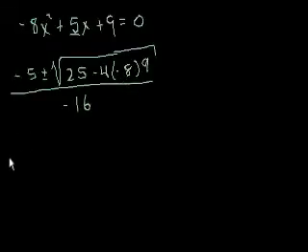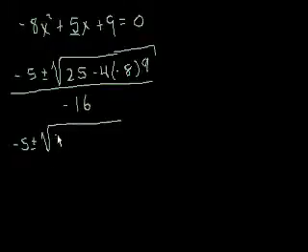Well, that's equal to minus 5 plus or minus the square root of 25. Let's see. 4 times 8 is 32, and the negatives cancel out. So it's positive 32 times 9. Positive 32 times 9, let's see. 30 times 9 is 270.